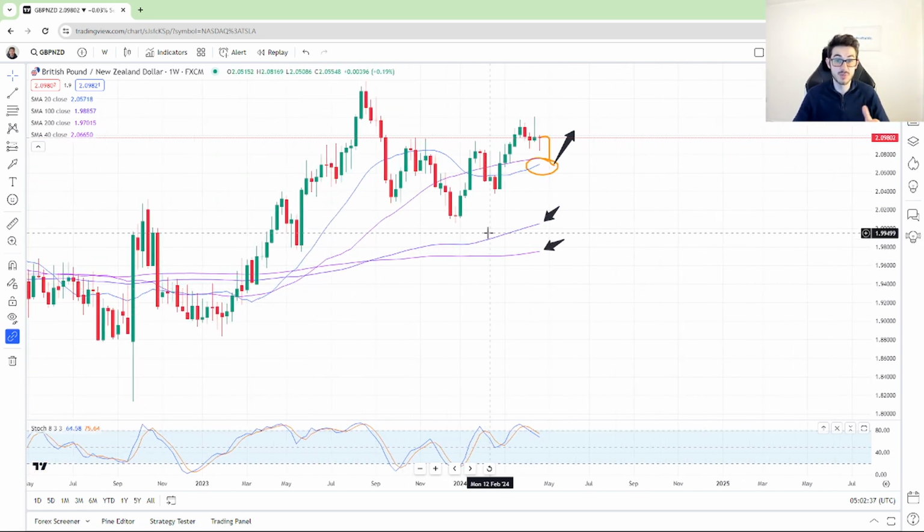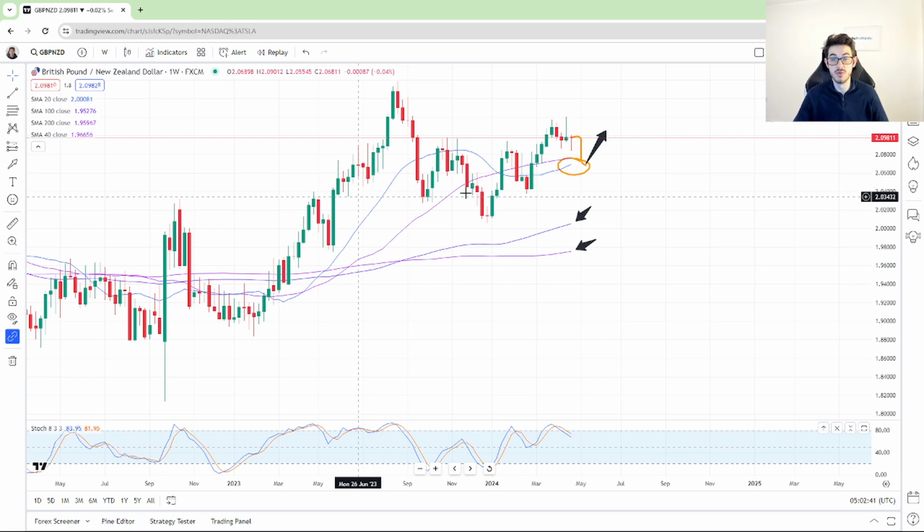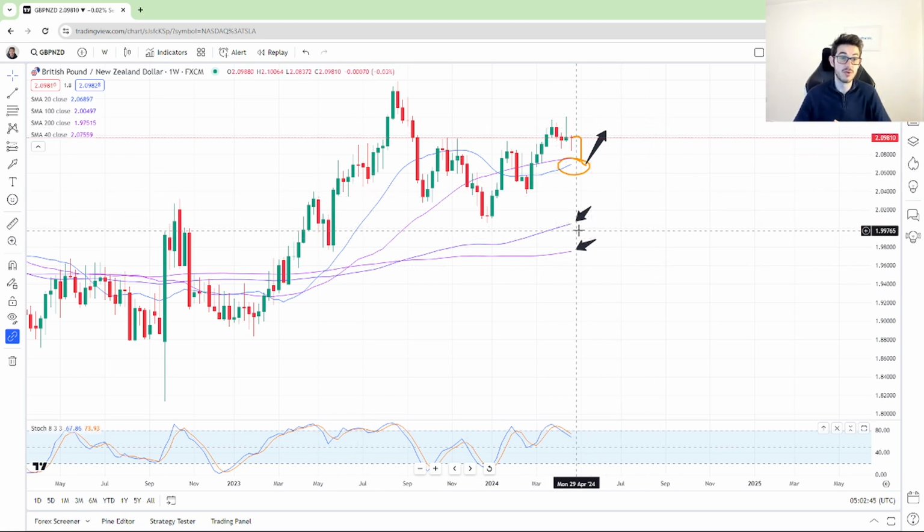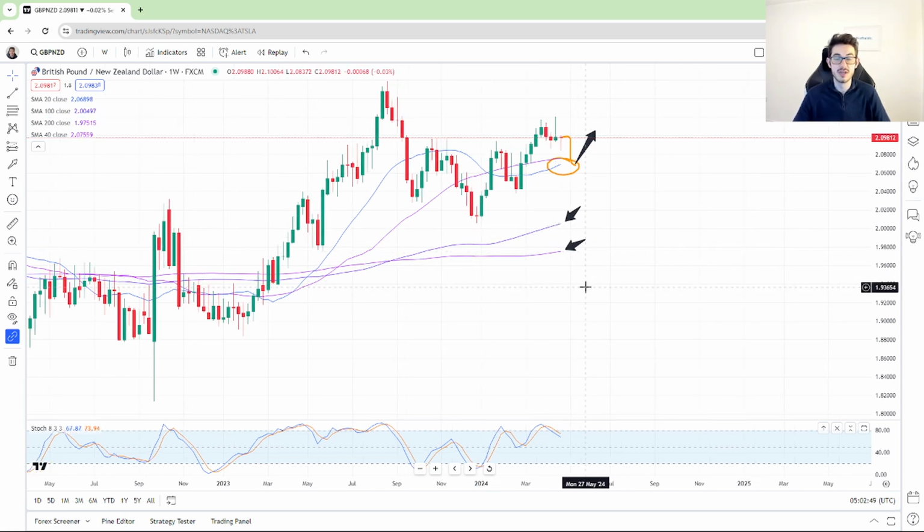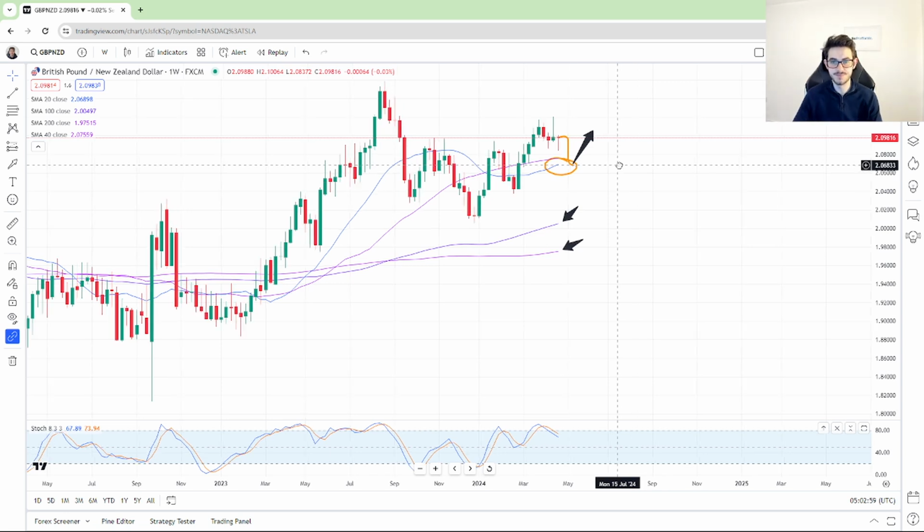If I'm looking for a long-term move, it's likely to be short because I'm far away from my higher moving averages, my 100 and my 200. Those higher moving averages track the long-term trend for me, and the 20 and the 40 track the near-term trend, or where the price is near term.